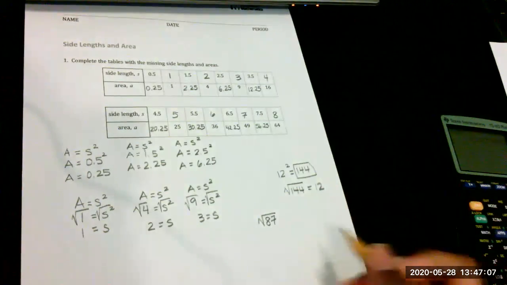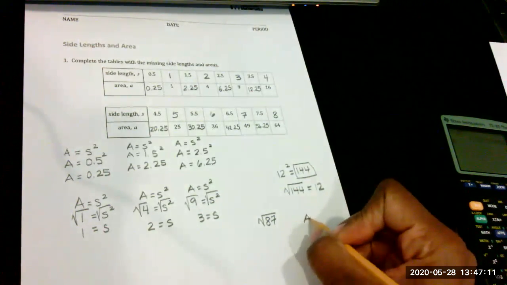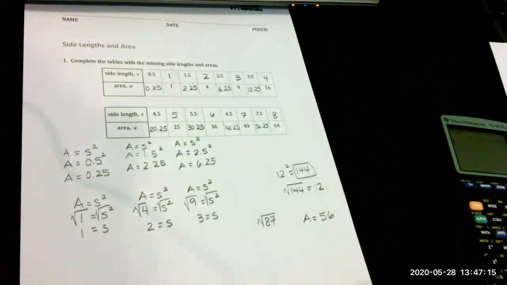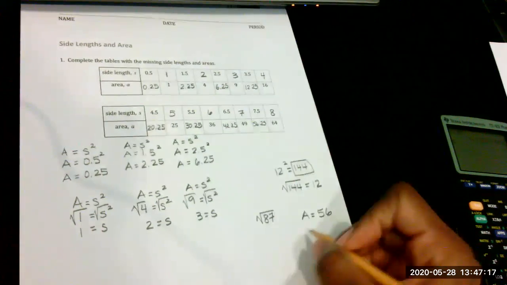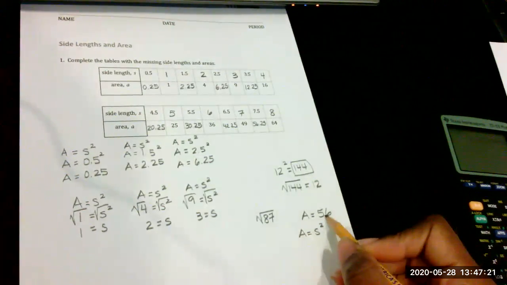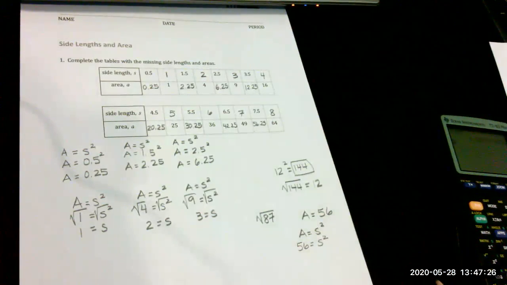So for example, if they gave you a problem and it said that the area was 56, right? And they want you to find the side, you would still do area equals side squared. This area is 56, that equals side squared.